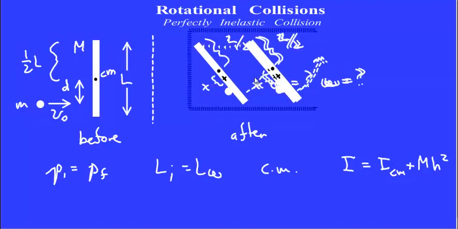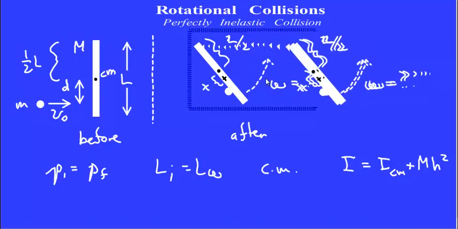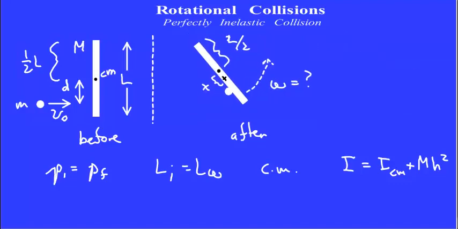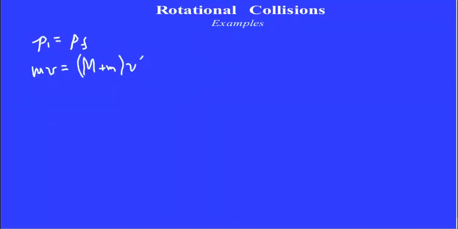In other words, it's going to go like this, right? It's going to move to the right as well as spin to the right, and it's going to move at a velocity v prime, right? Or let's call it v final. Okay, v final. So there's your momentum conservation linearly.